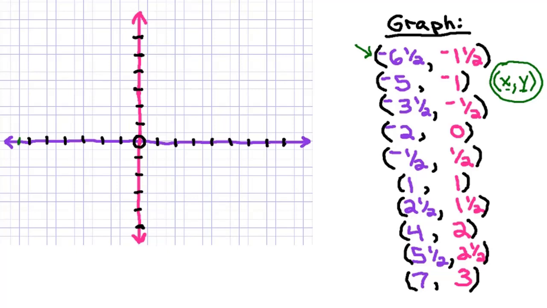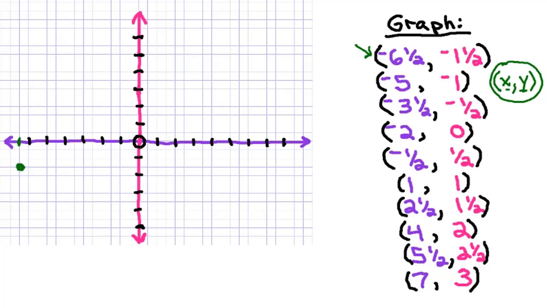So that's going to be right about here. But you don't put a dot there. You have to still take into account the y-axis, which is -1.5. So since it's -1.5, you're going to go down, not up. You're going to go down the y-axis 1.5, which will be right here. So there is your first dot.